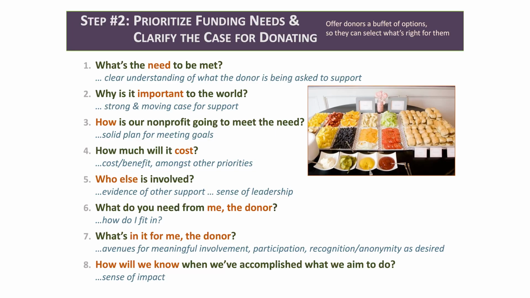Question 6 is, what do you need from me? That's figuring out the ask. And question 7 is really, really important, and that's a step that we often overlook: what's in it for me? Why should I give you this money? For some people, and certainly for corporations, it's often what am I going to get in return. It really varies.